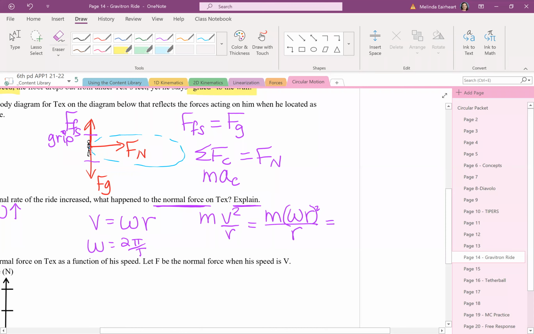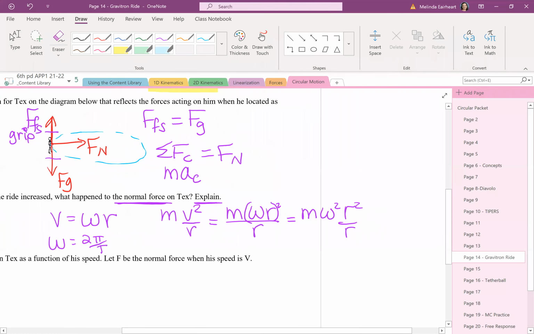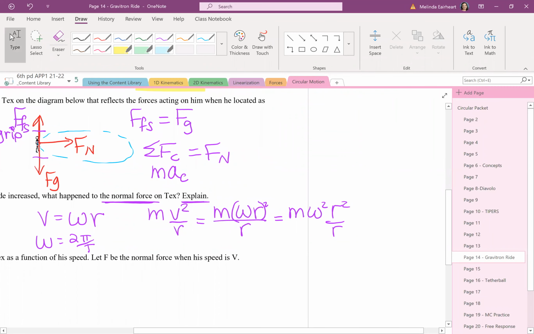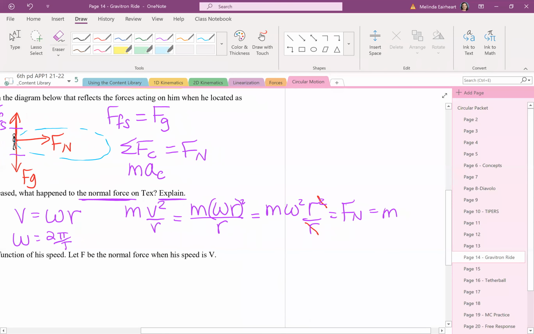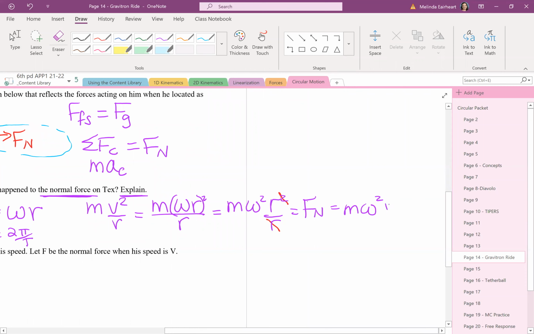And what does that turn into? Well, I get m omega squared, and then I get r squared over r. One set of r's cancels, and I'm left with normal force equal to m omega squared r.